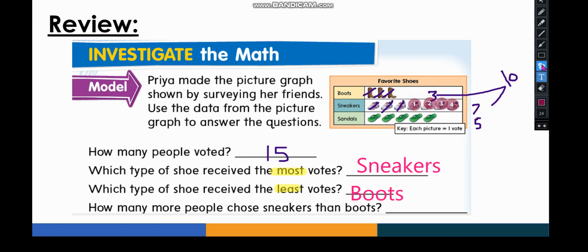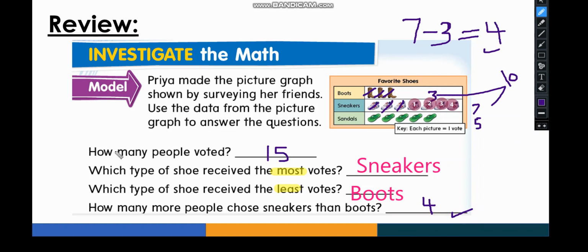So they are 4. I have another way: 7 sneakers minus 3 boots equals 4. So I can subtract the smallest from the biggest, or I can erase one by one. So my answer here is correct, and also here is correct.